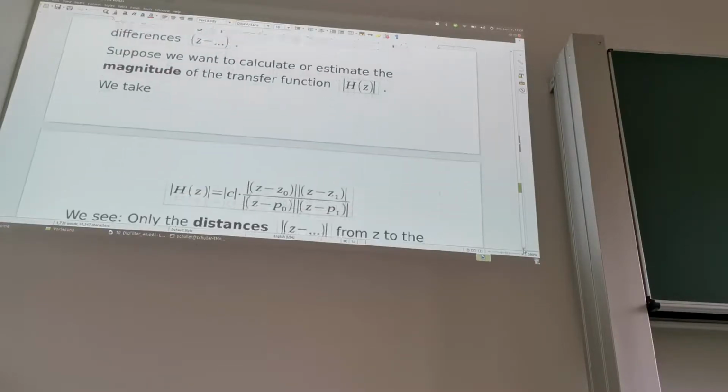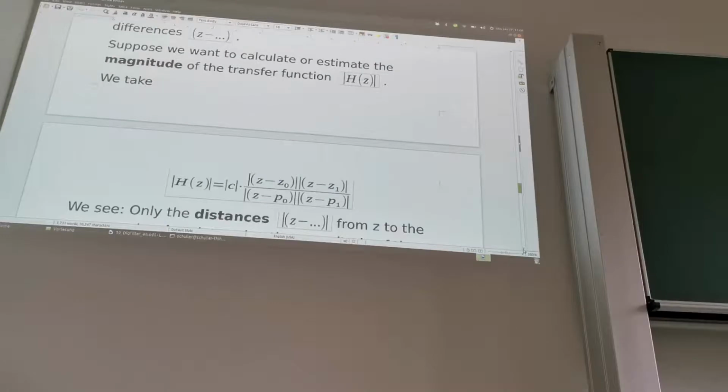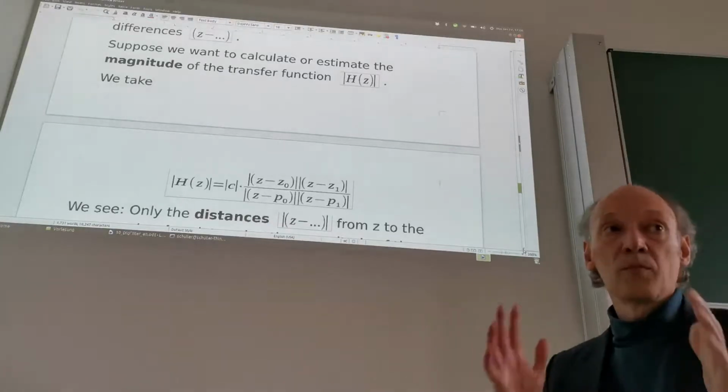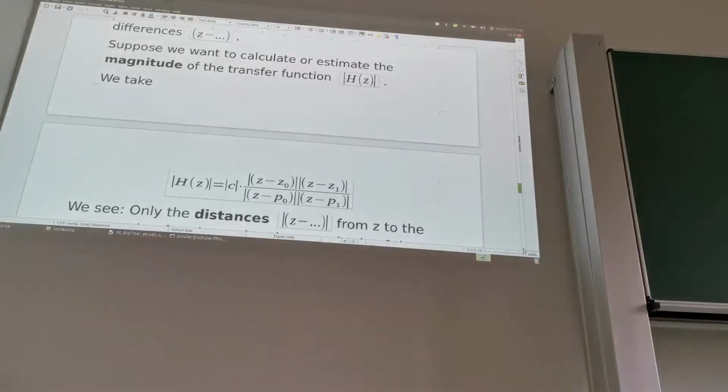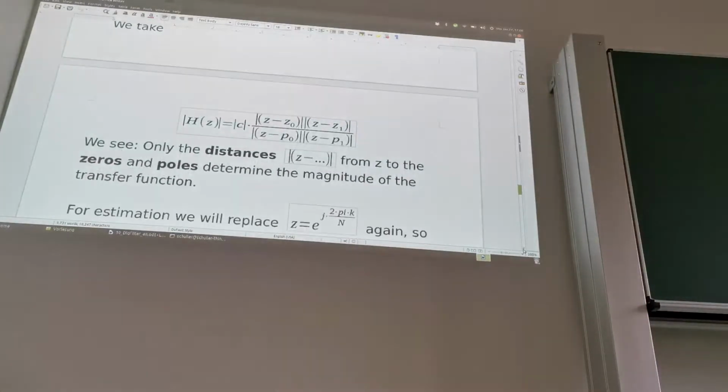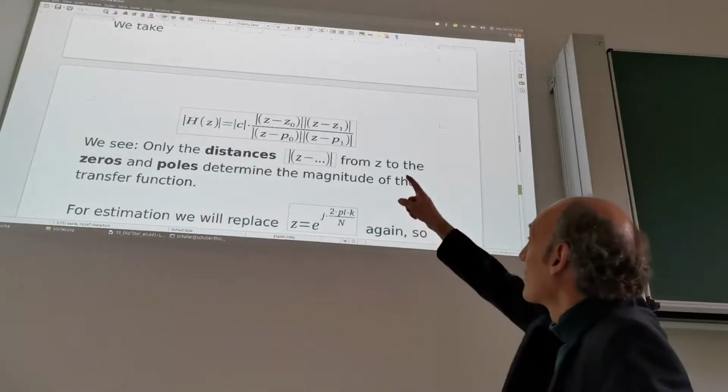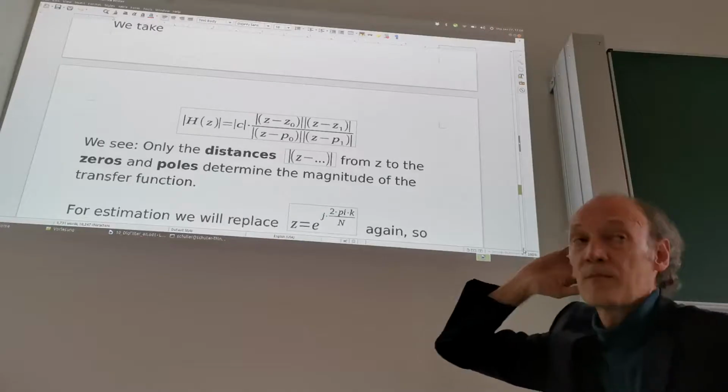Yeah, suppose we want to calculate or estimate the magnitude of the transfer function, magnitude of h of z, right, which we just did in our plot of our frequency response. We just took the magnitude of h. So this is what I'm doing here now, mathematically. So magnitude of h is magnitude of c times all the magnitudes here.